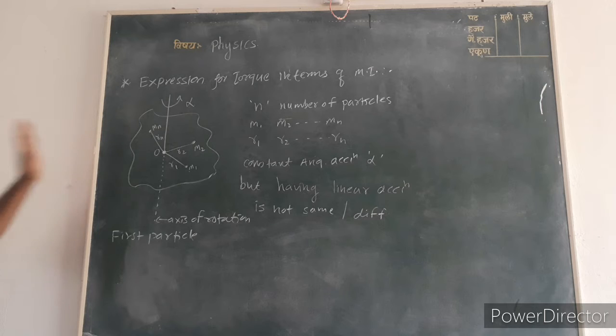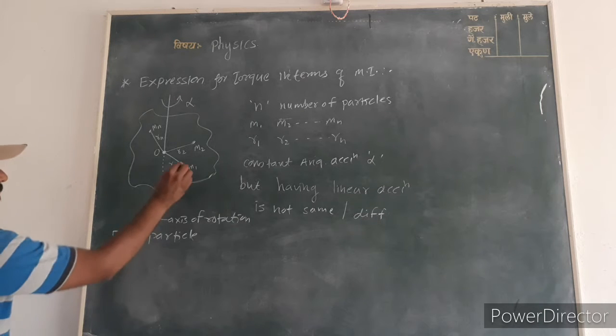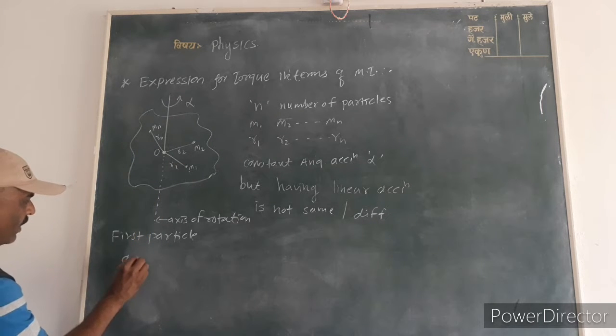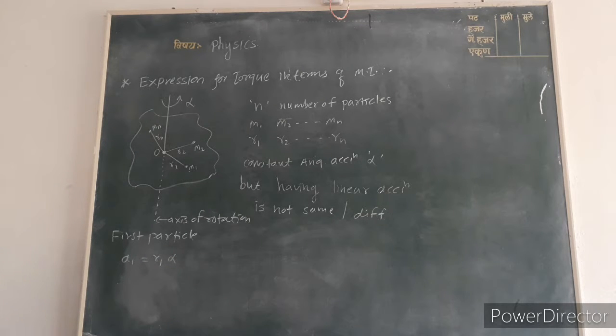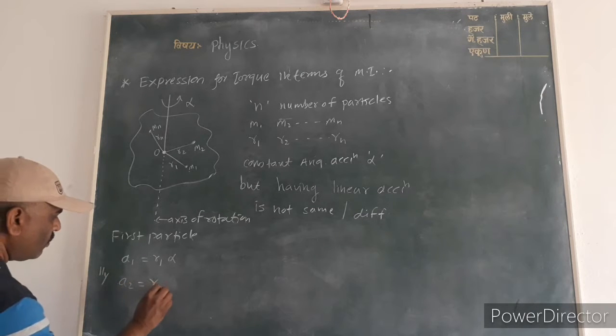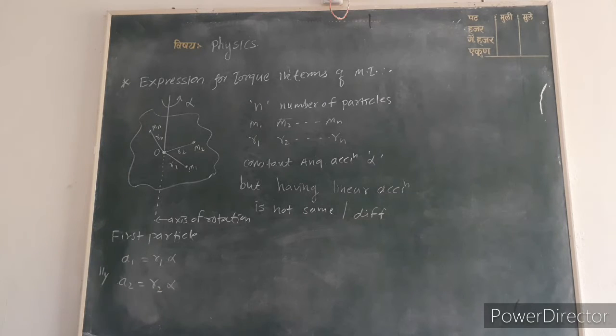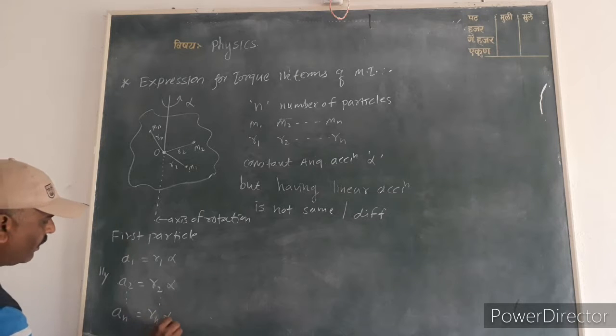Now we find the linear acceleration of the first particle with mass m1: a1 is equal to r1 alpha. Similarly, for the second particle, a2 is equal to r2 alpha, and for the last particle, an is equal to rn alpha.